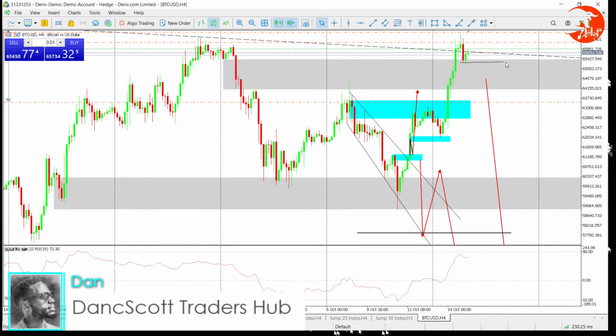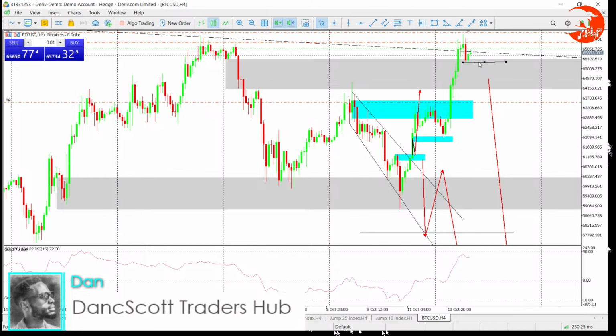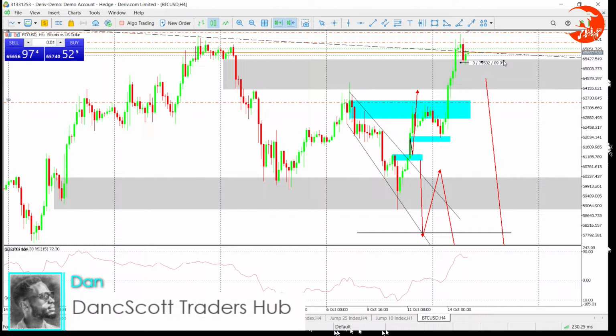Don't risk entering where it is currently, but rather wait for price to break through this level. Once it breaks this level, then you have clean entries for sales that may not even be interrupted by any pullbacks. So you look for entries right here for sales to take you all the way.